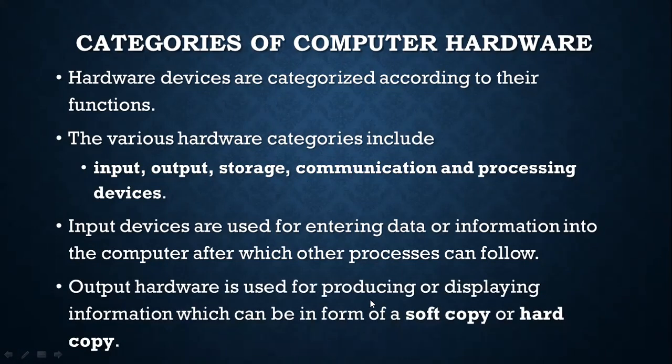Then we also looked at, or you mentioned, hardware of the category output, and we are saying output produces, displays information which can be in the form of a soft copy or a hard copy.